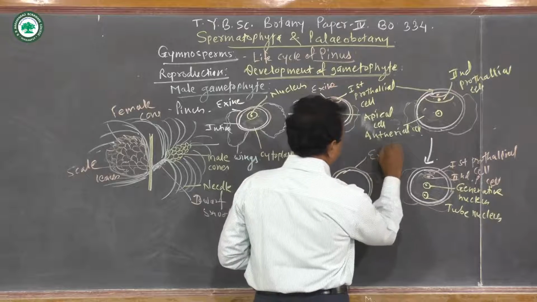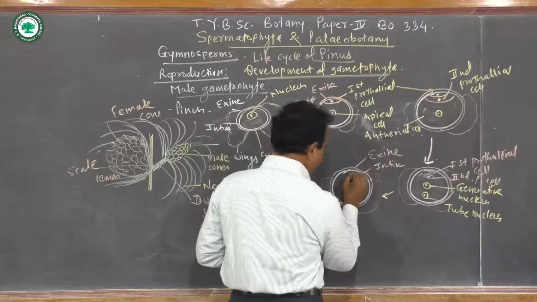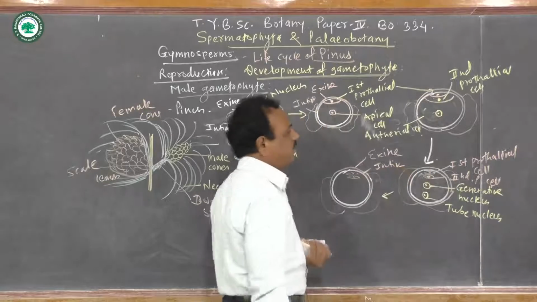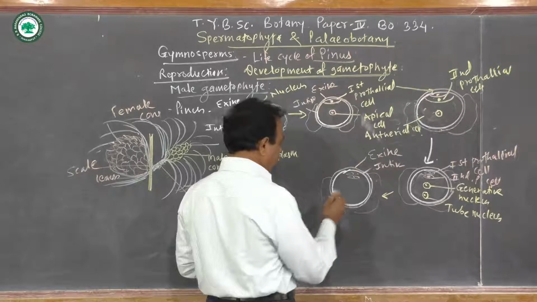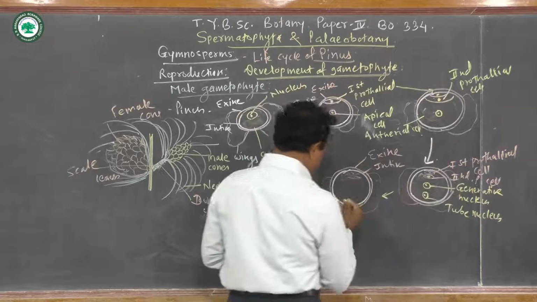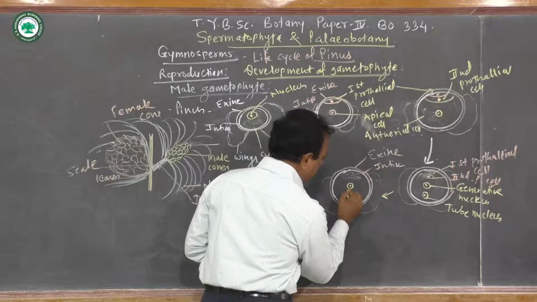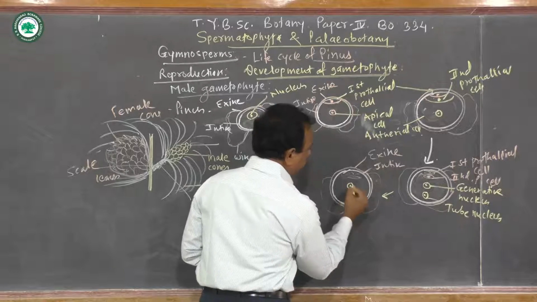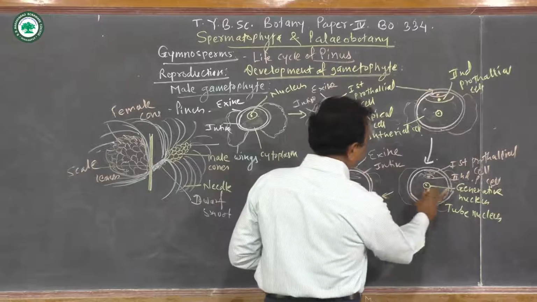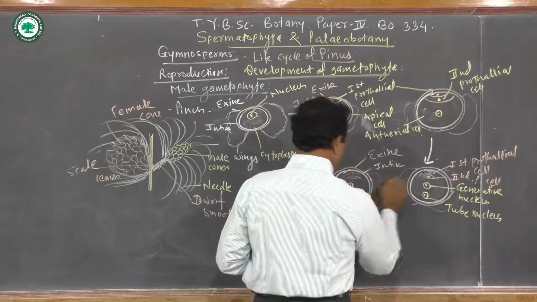This is the exine, this is the intine. These two nuclei, the prothallial cells, later on degenerate and get dissolved, and this generative nucleus later on divides, and two nuclei are formed.